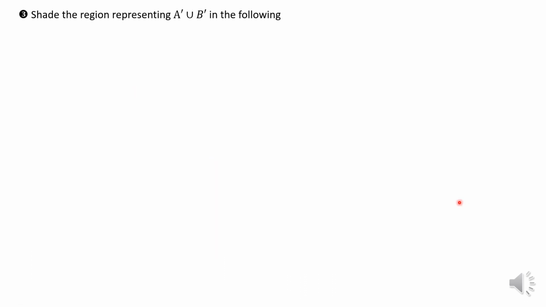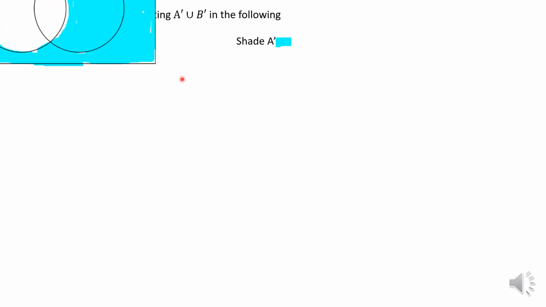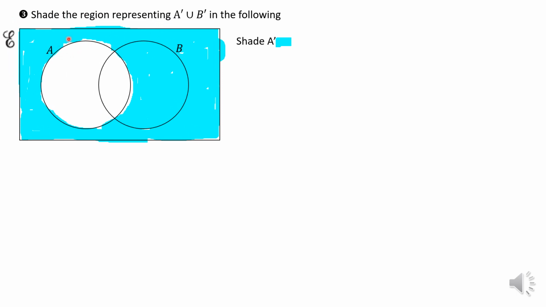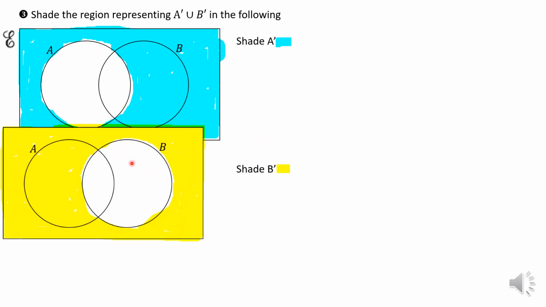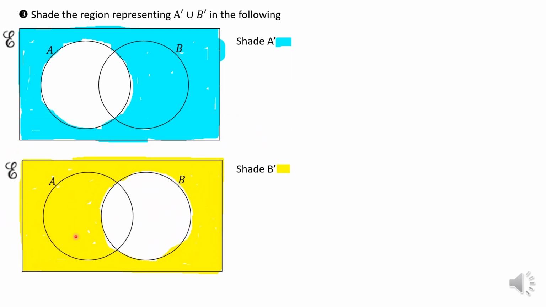Let's bring in another one. We are now going to shade the complement of A with the union of the complement of B. So first of all, we're going to shade everything that is not in A, exactly like what we did before. And the second one is we're going to shade everything that is not in B, as you can see in yellow here.